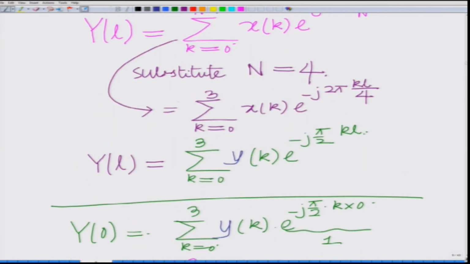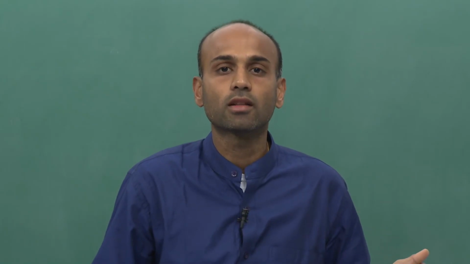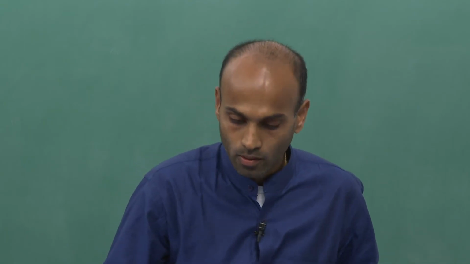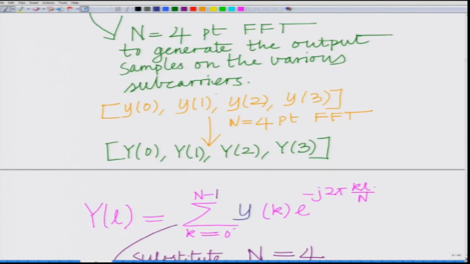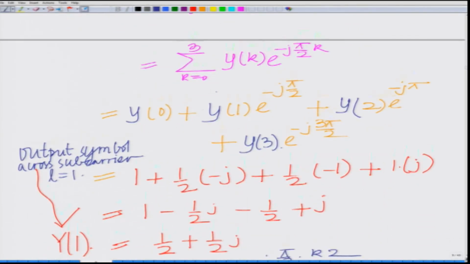These are the corresponding samples, because the output symbol Y of L corresponding to subcarrier L is given by the FFT of the output time domain samples, which are the small y's.